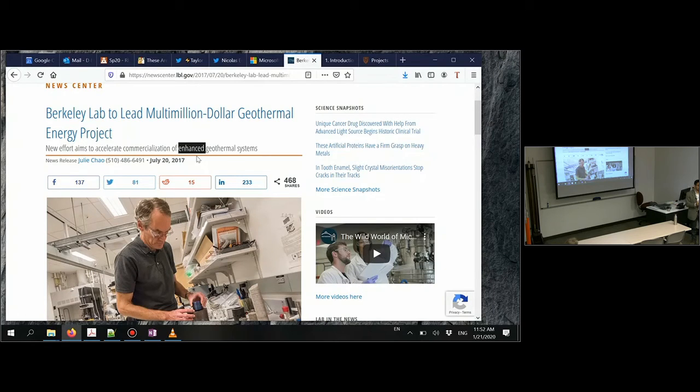Yes, you could do directional drilling, but that's still not enough. Yes? You will be fracturing the rock, and that's what enhanced geothermal energy is about. It's making wellbores and then creating fractures that help us to harvest more thermal energy out of the rock.